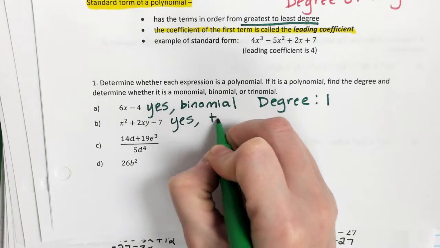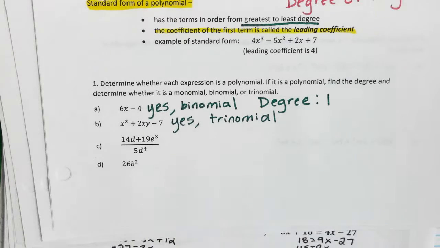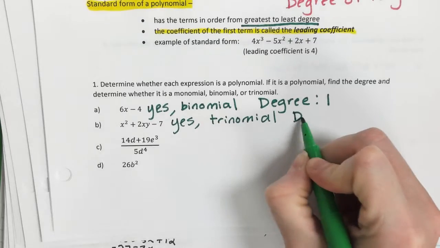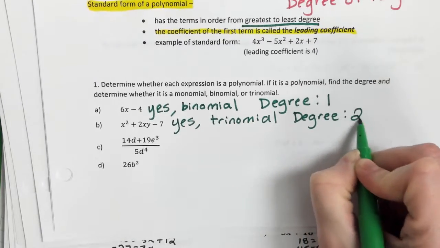Don't abbreviate this stuff. You can abbreviate degree, but you can't abbreviate monomial, binomial, and trinomial. Okay, the degree. 2. Good.